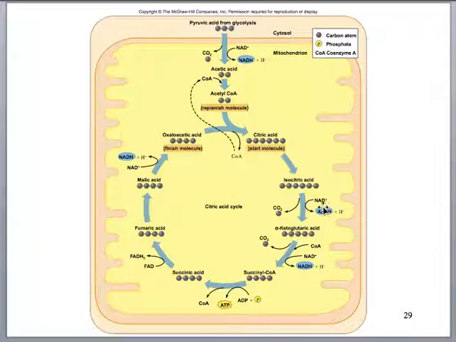You'll notice that 1, 2, 3 NADHs are formed from one pyruvic acid, okay? But we also got this NADH right here. So going from pyruvic acid all the way through the citric acid cycle, 1, 2, 3, 4 NADHs, okay? All right, so 4 NADHs.